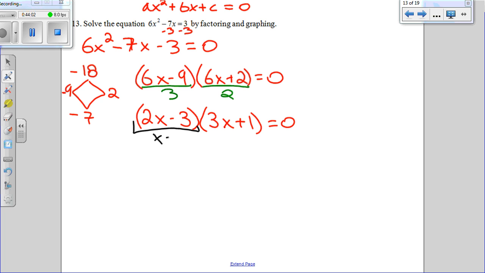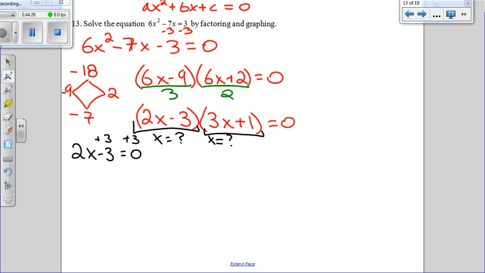I want 2x minus 3 equals 0, and then isolate for x. So add 3 to both sides. 2x equals 3. And then divide by 2 on both sides. So x equals 3 over 2 is one solution. It would make the first set of brackets equal 0.